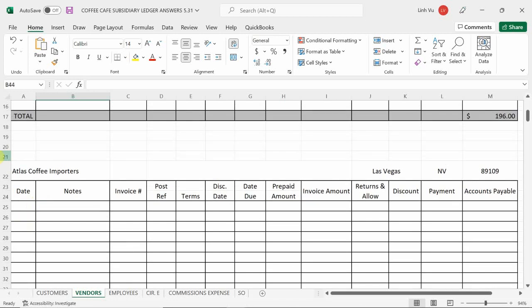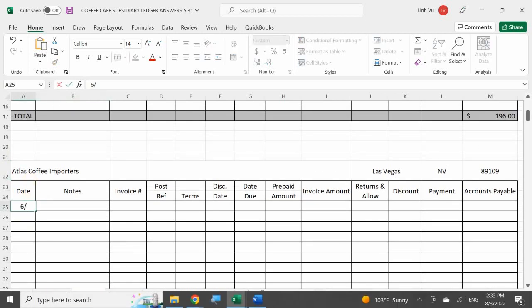Okay. Atlas Coffee Importers. Today is the 12th. This is where you could say we purchased 125 pounds of regular coffee. And 125 pounds of Supreme coffee.